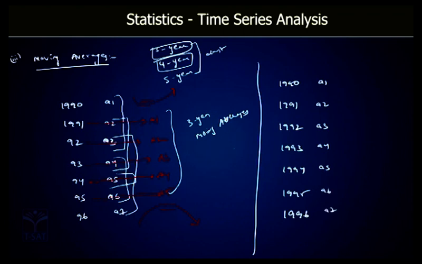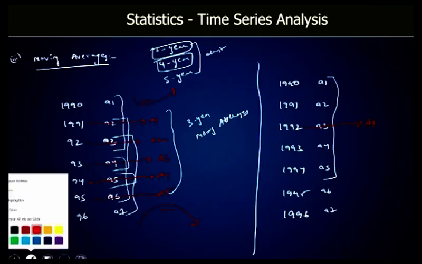In the 3-year moving average, we consider 3 years and find their average. In the same way here we have to consider the 5 values A1, A2, A3, A4 and A5, find the average and assign that average value to the middle year, that is 92.